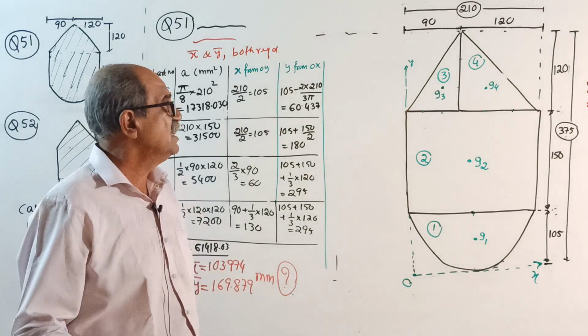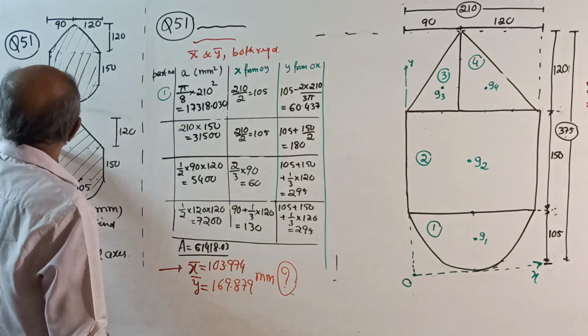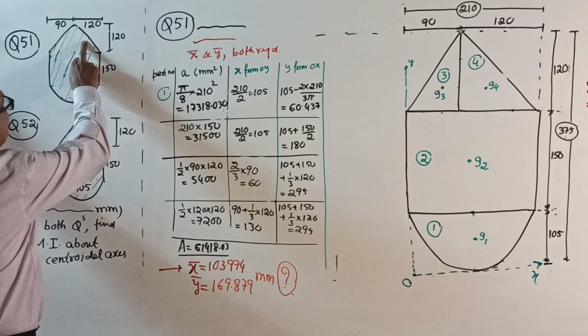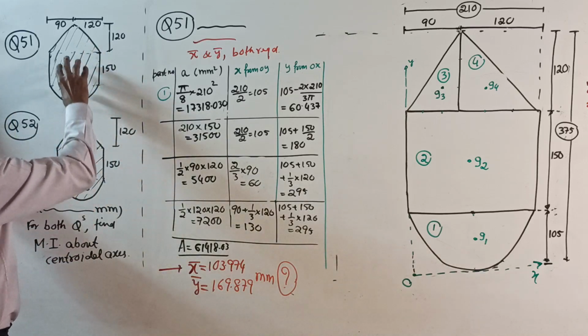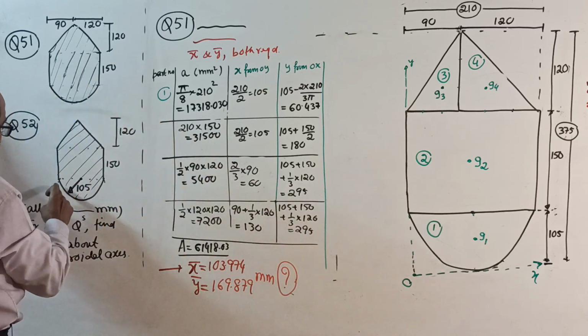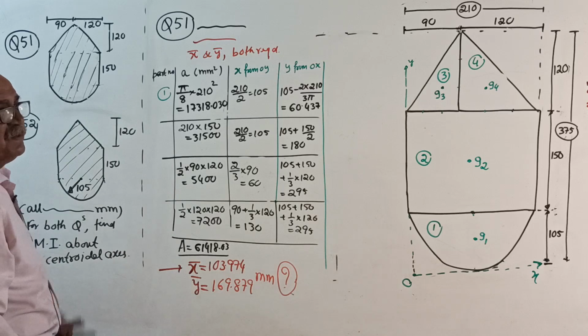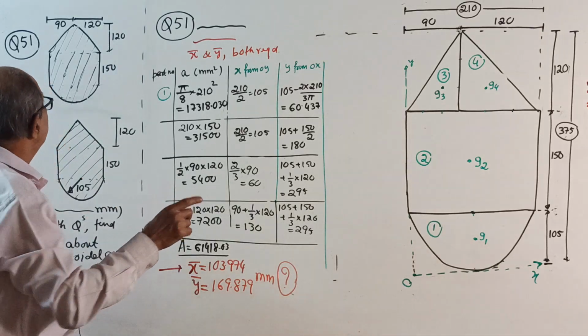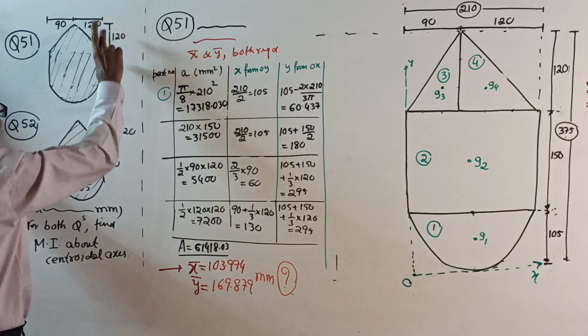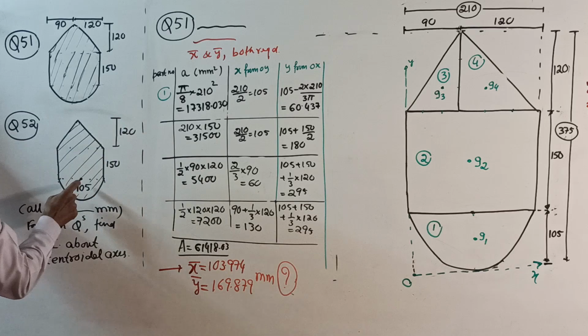Now, simple questions, 51 and 52. A triangle here, here also a triangle. A rectangle will come here, and here. A semicircle will come here, and here. Both are the same. The difference is that here 150, here also 150. 120 here, here also 120. This radius is given as 105, so the diameter becomes 210.